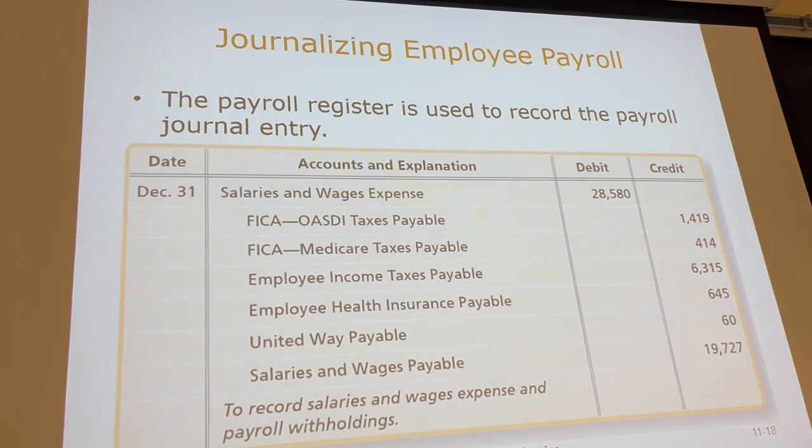Then the credits would be for all of the withholdings, both the mandatory ones and the optional ones. You see here, the credits include both parts of FICA and the income taxes and the employee health insurance and the United Way. Finally, we also have a credit entry for the take-home pay. The account that we credit for that is salaries and wages payable.